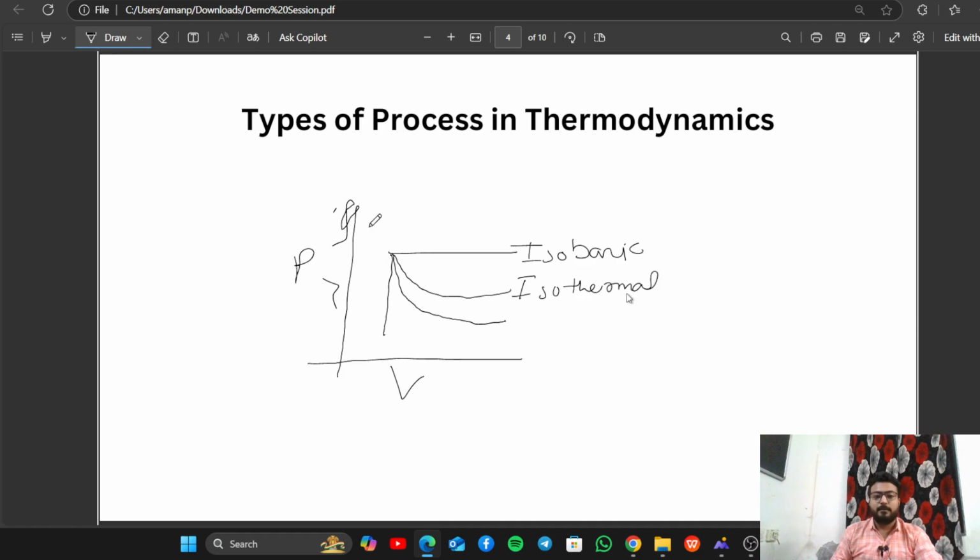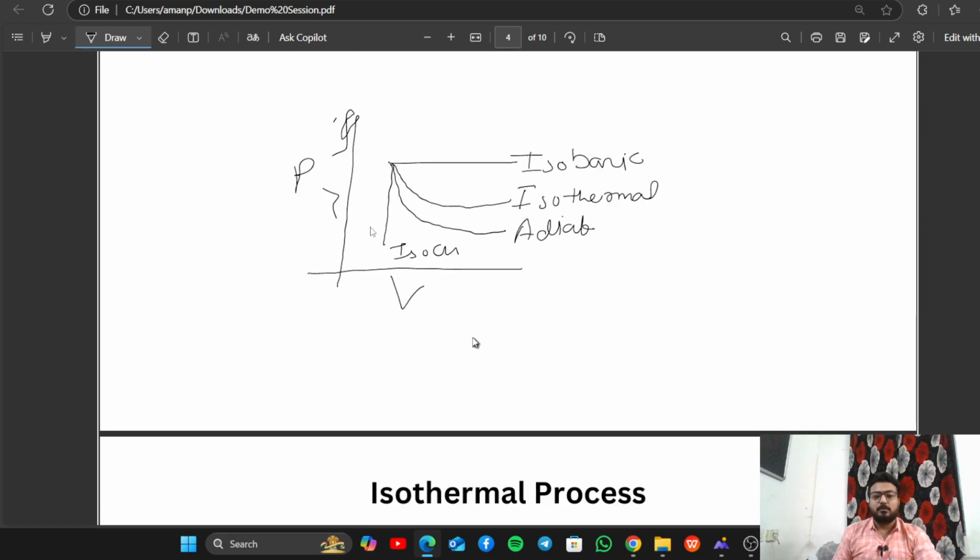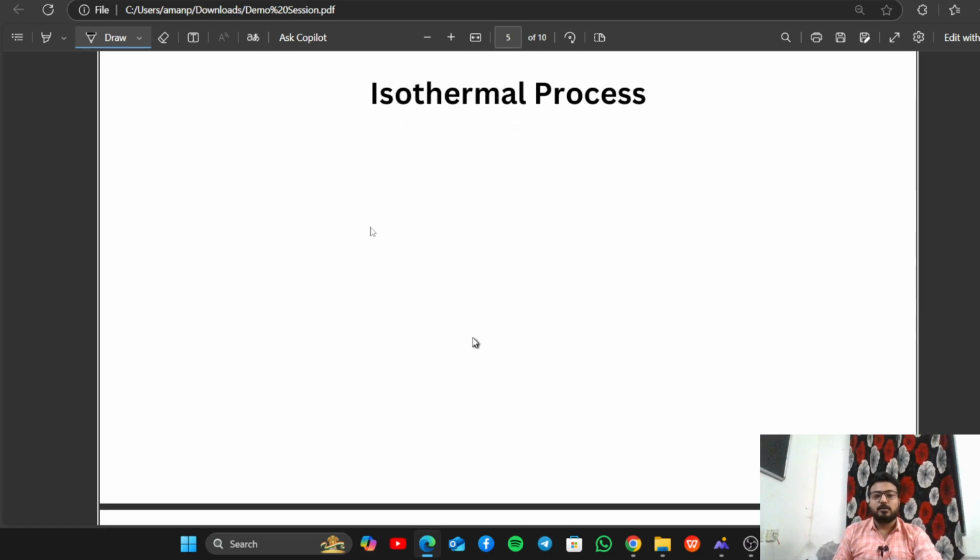Isothermal process, and this is the graph of the adiabatic curve, adiabatic process, and this is isochoric. So let's understand in depth the isothermal process. What is an isothermal process?